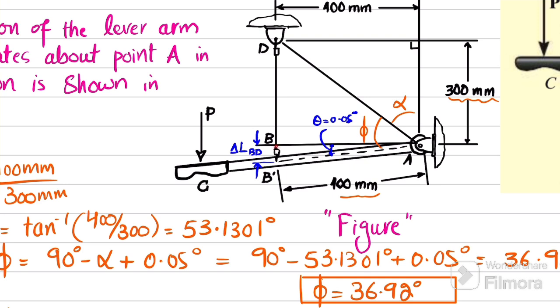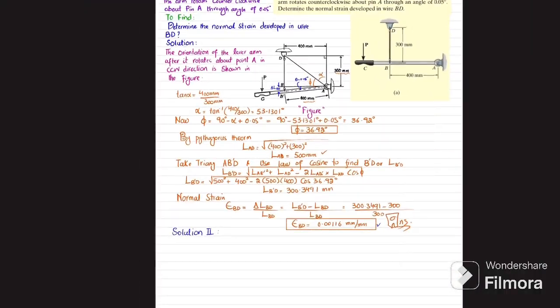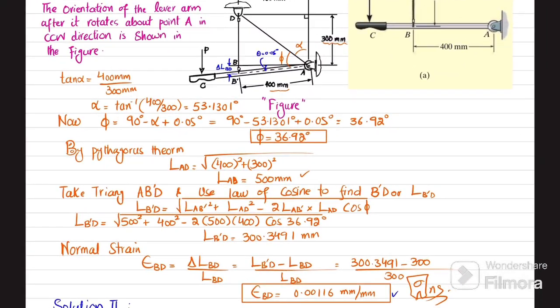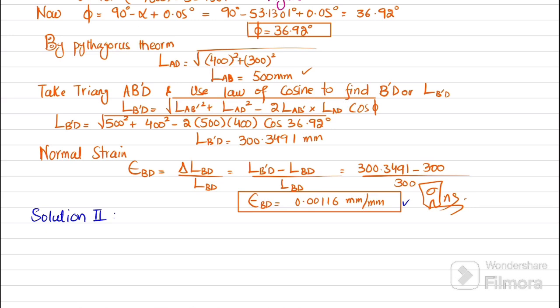So you can see this is the delta LBD, this length is 400 and this theta is 0.05 degree. So by using S is equal to R theta, we can also find the change in length. Okay, so I will write it. This change in length of BD will be equal to theta into LAB.